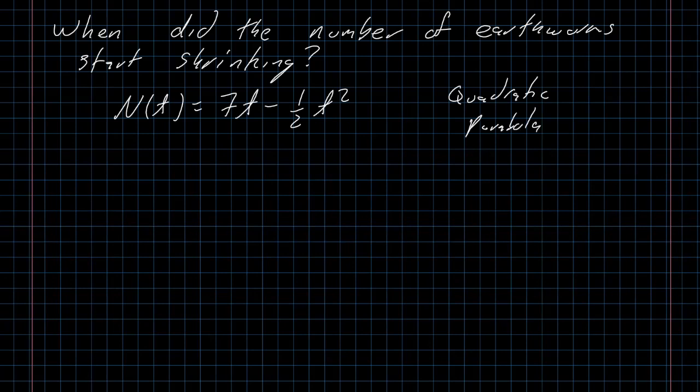Which means that the graph is going to be a parabola. The curve is going to look something kind of like that. And there is going to be a peak here in the middle.